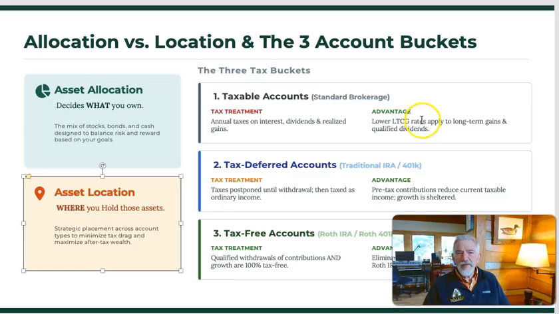The advantage of the taxable accounts, however, are those long-term capital gains rates that could apply when you have gains on assets. So if you have high basis stock, let's just say you purchase $1,000 worth of stock, and your basis in that entire holding is $800, then really you're only dealing with $200 worth of gains.